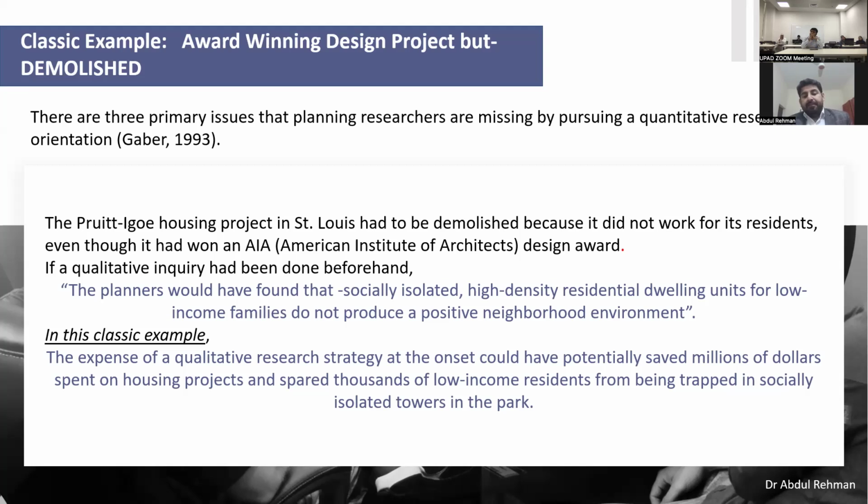In this classic example, the expense of a qualitative research strategy at the onset could potentially have saved millions of dollars spent on the housing project and spared thousands of low-income residents from being trapped in socially isolated towers in a park. So by this classic example, now you can realize the importance of qualitative research.